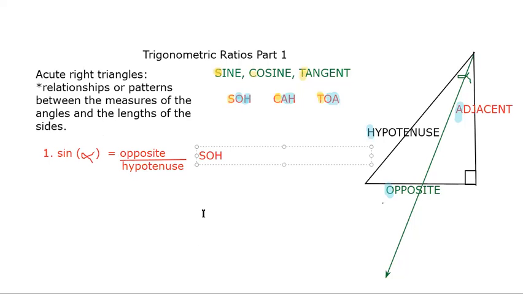SOH, so the sine equals the opposite over hypotenuse. Sine equals opposite over hypotenuse.